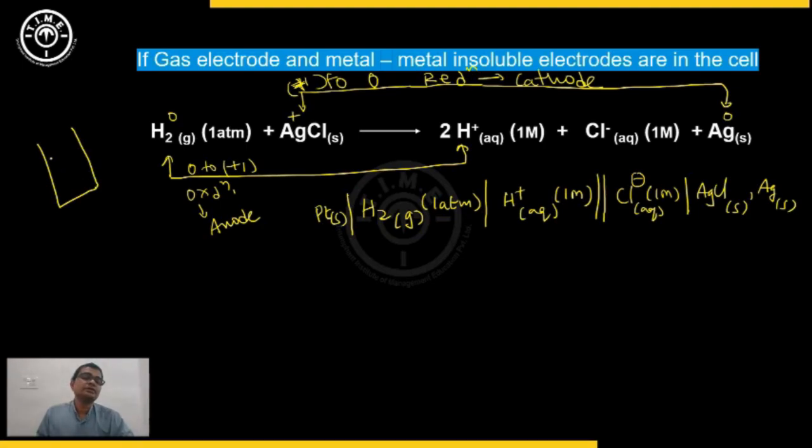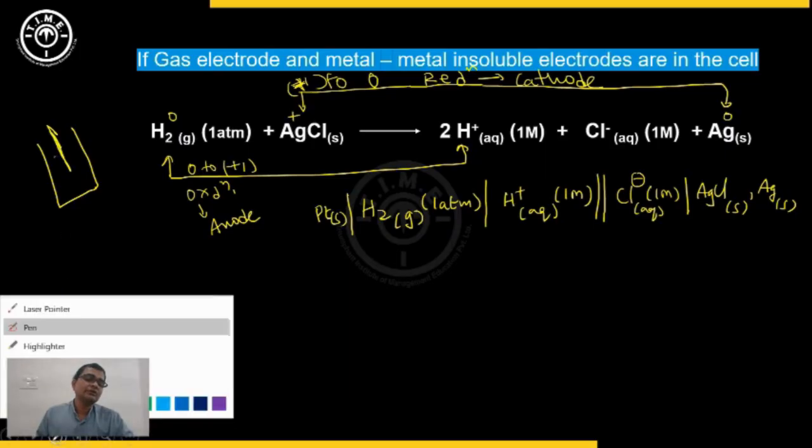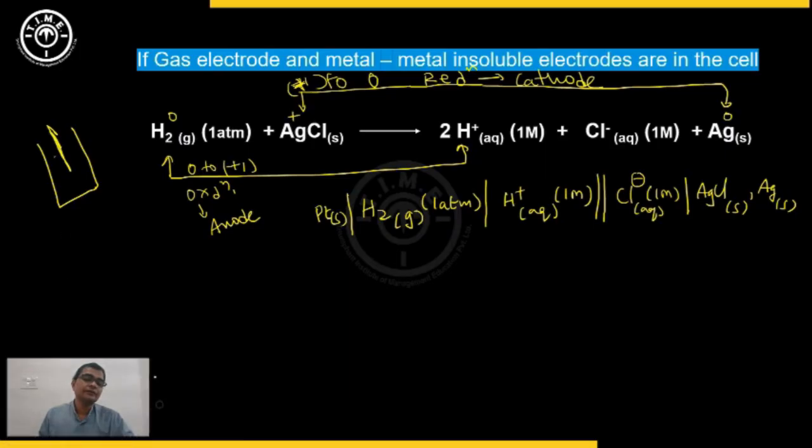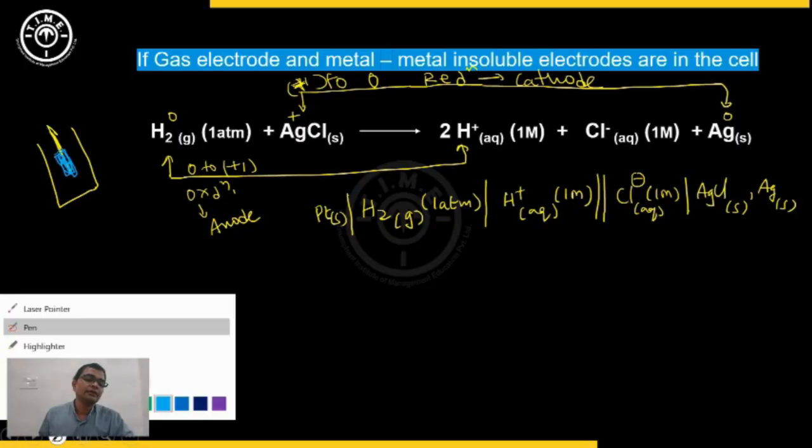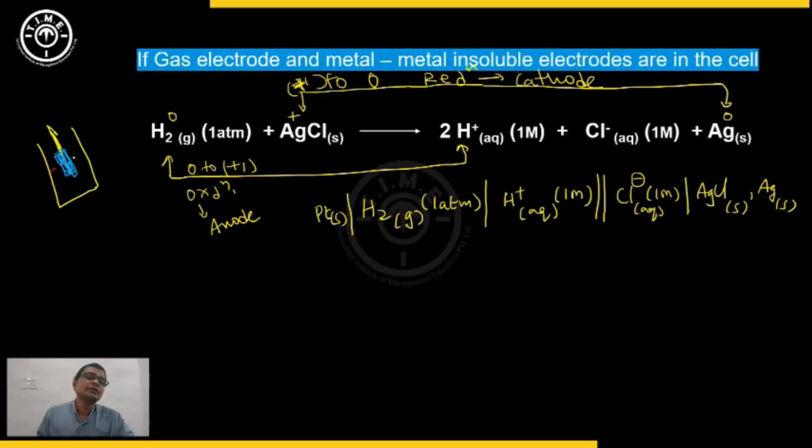Here a silver wire is there. This is a silver wire. It is coated with silver chloride, which is insoluble. Next, immersed in KCl solution. Now observe here.